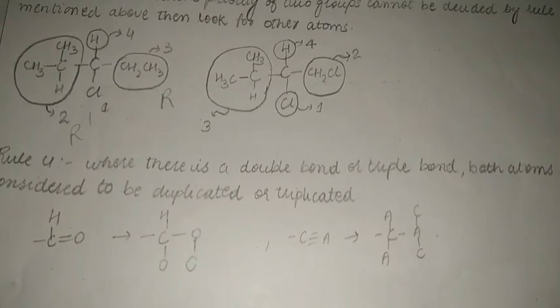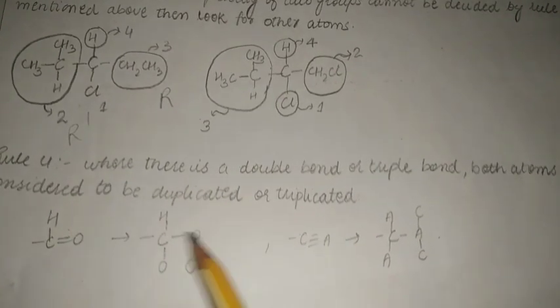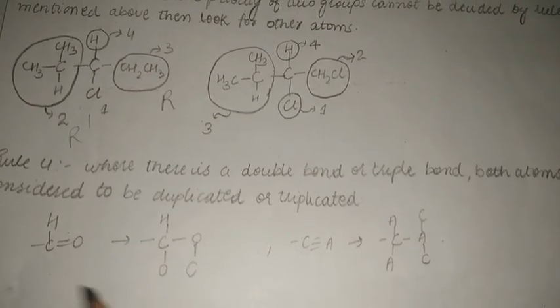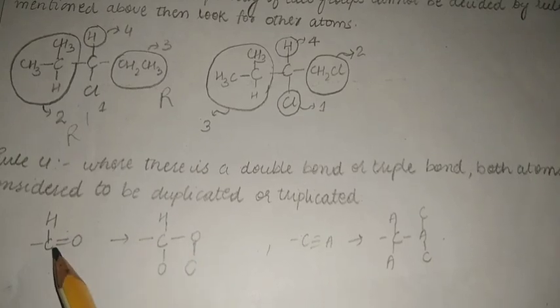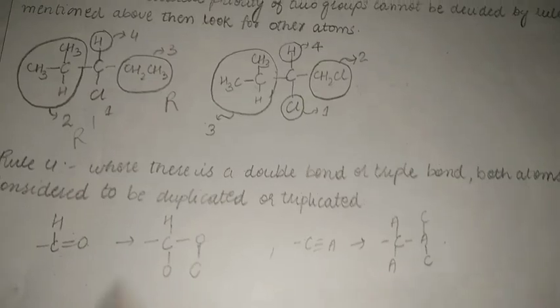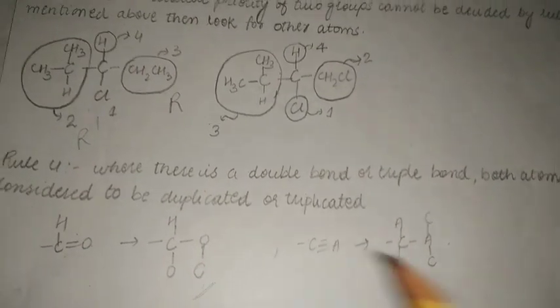Now the oxygen is attached to the carbon, and if we consider the oxygen, it is attached to the oxygen itself and then to a carbon atom. So it is carbon, not oxygen, it's a carbon atom.